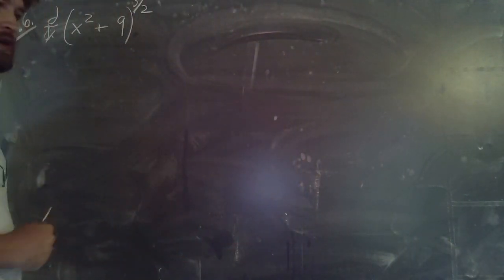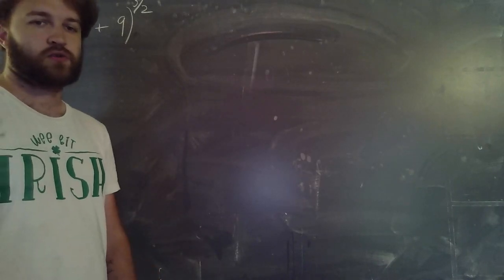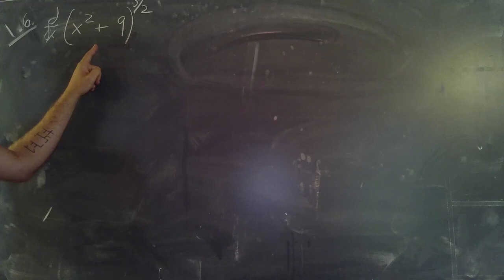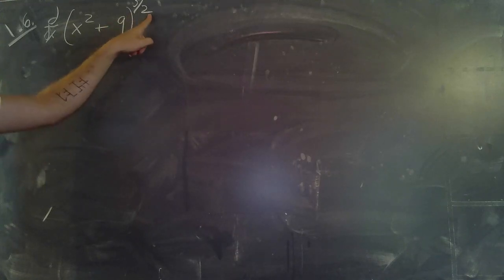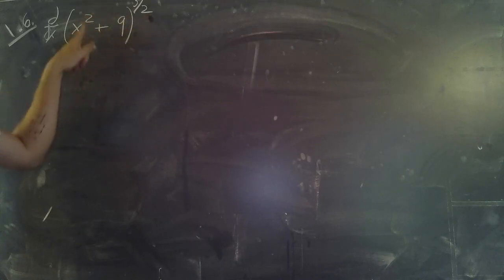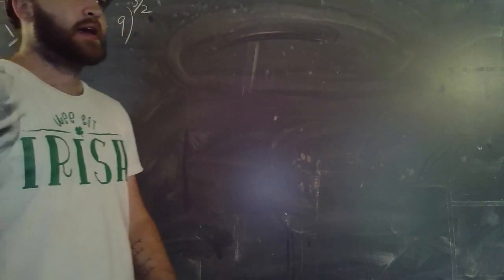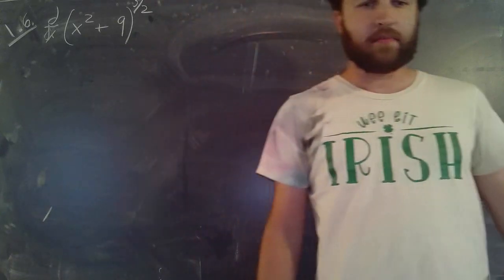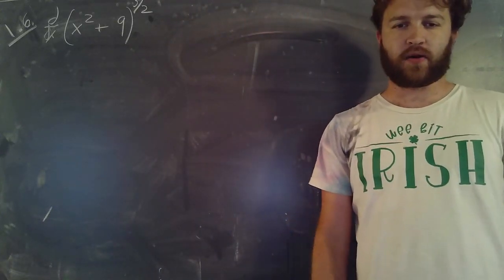Now, other functions are harder to do that with. For example, this one is a gigantic square root, because we have a denominator of 2 in the exponent and a binomial cubed. An easier way to write this is a binomial raised to a rational power.